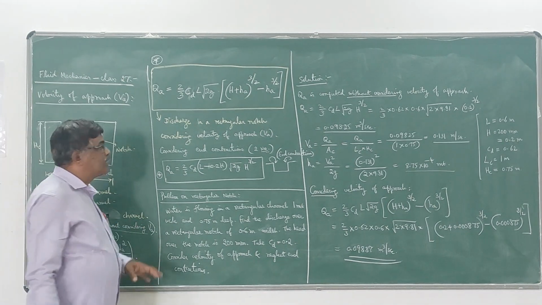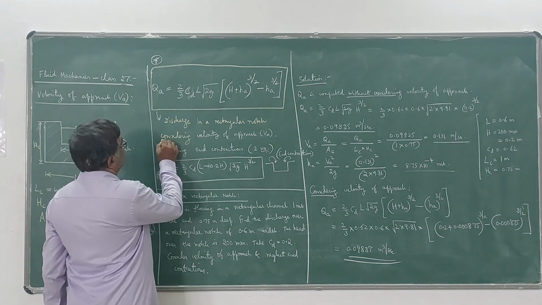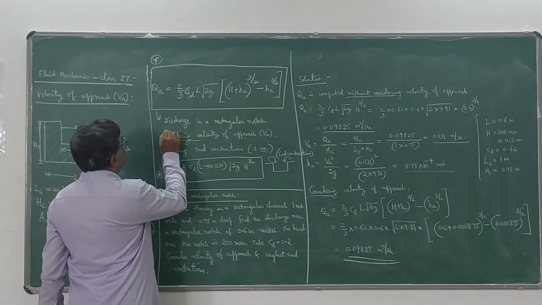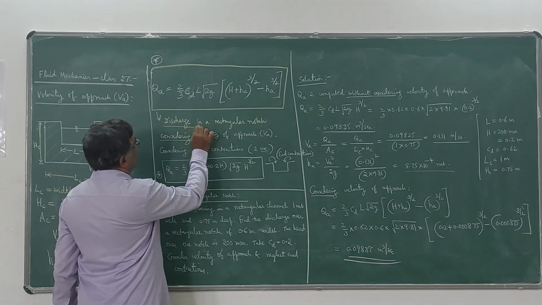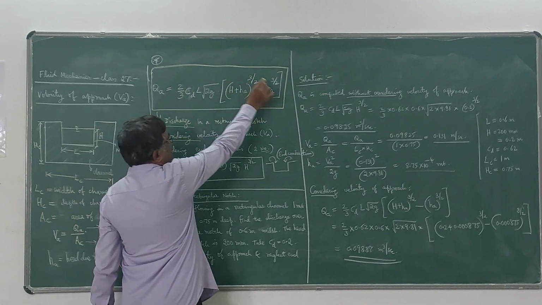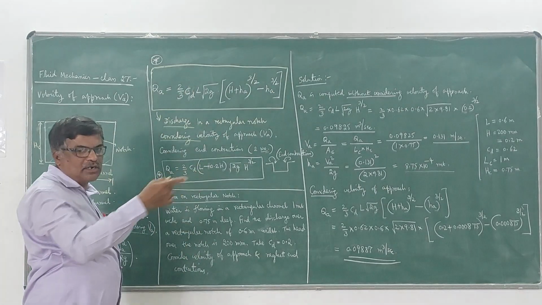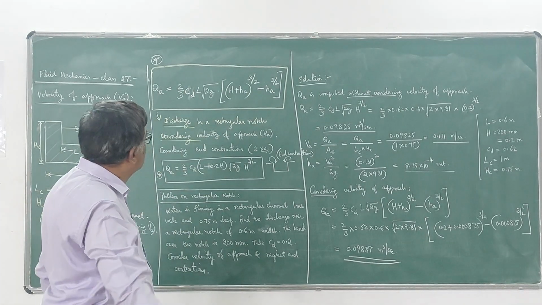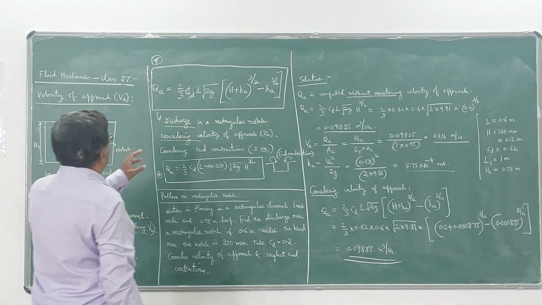Now considering the velocity of approach, the discharge equation in a rectangular channel is modified like this. In the last class I had derived the equation without considering the velocity of approach.